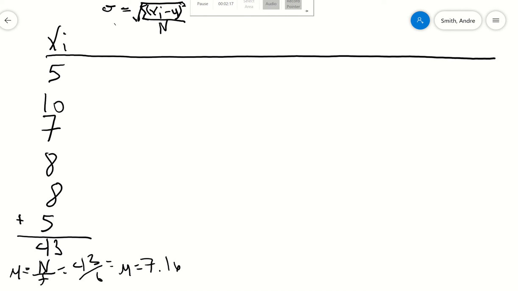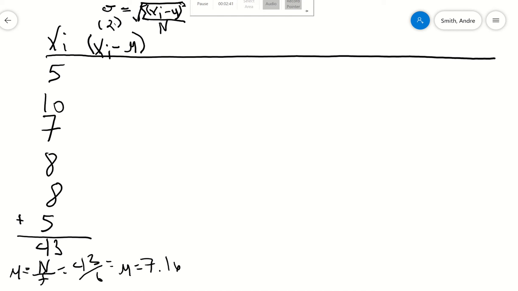So let's go on to step number 2 in the formula, right? Step number 2 says that we will subtract x sub i from the population mean. In this particular case, our population mean is 7.16.